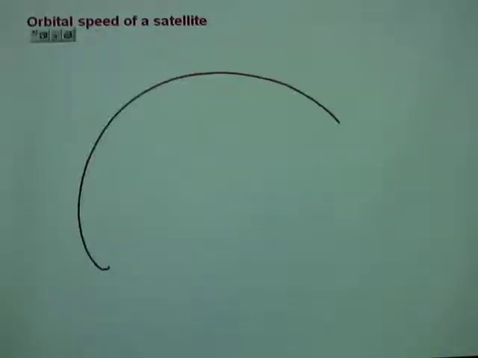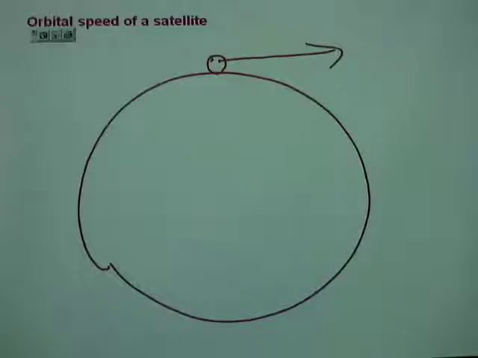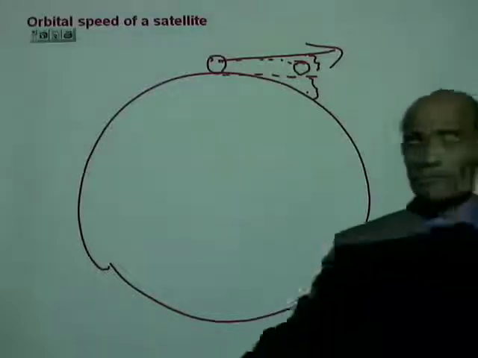Now, this is our Earth. If I throw this basketball with the velocity so that when the basketball falls, you see that as it goes, it is going to fall like this. And you can see here, the basketball has fallen by that amount, and the surface of the Earth at that point also has fallen by the same amount.